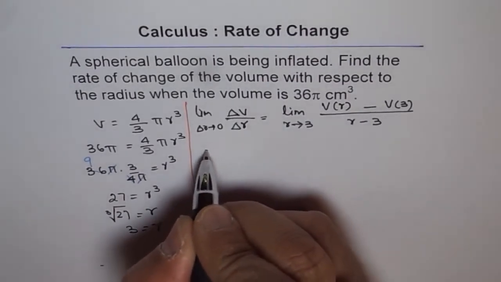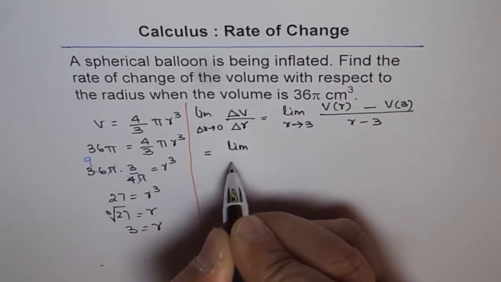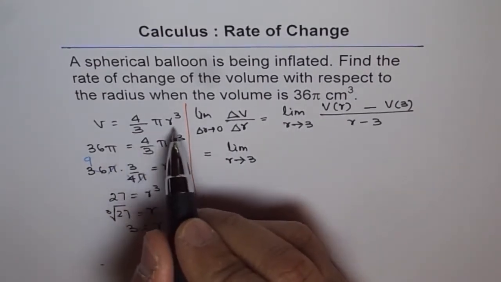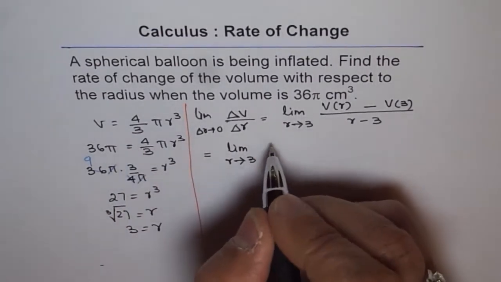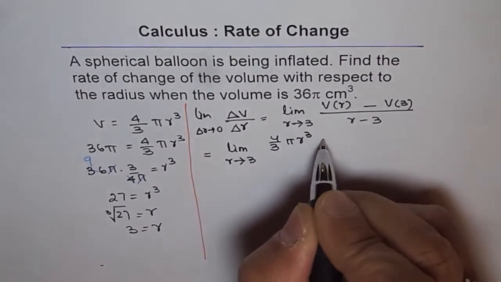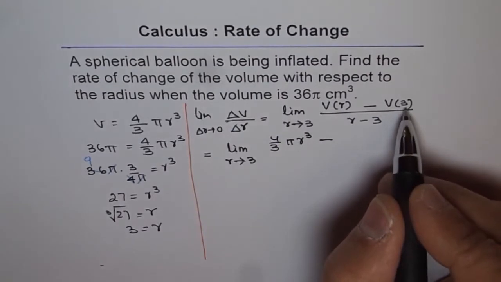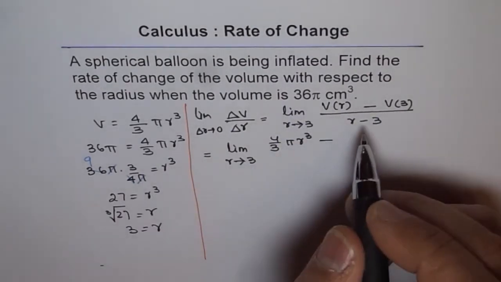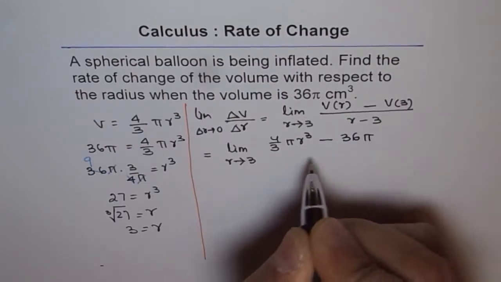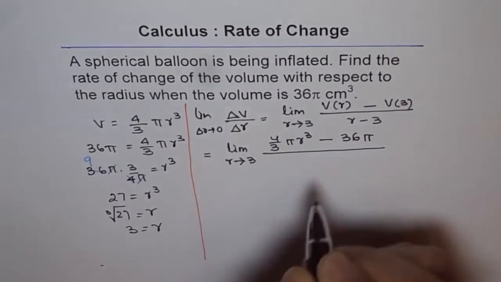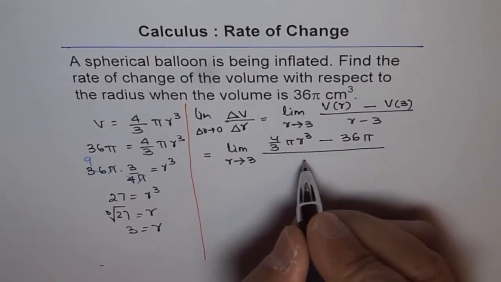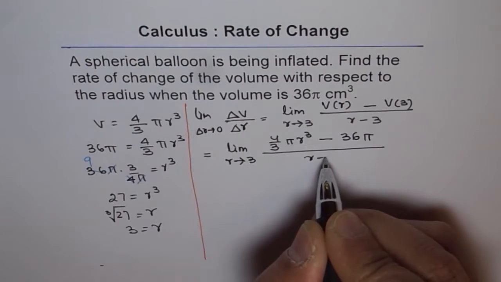So we can say this is equal to limit r approaches 3, and volume is 4 by 3 pi r cube. So we'll write down the formula here, which is 4 by 3 pi r cube minus volume when radius is 3, that is given to us as 36 pi, or you can calculate, right? Divided by r minus 3.